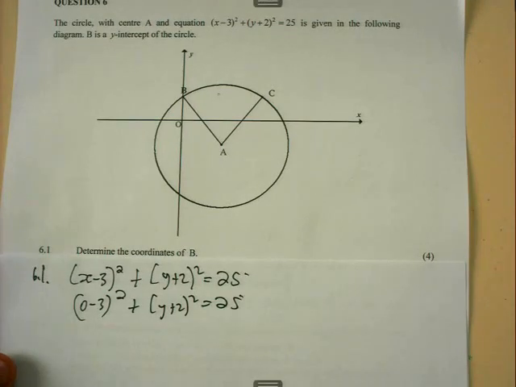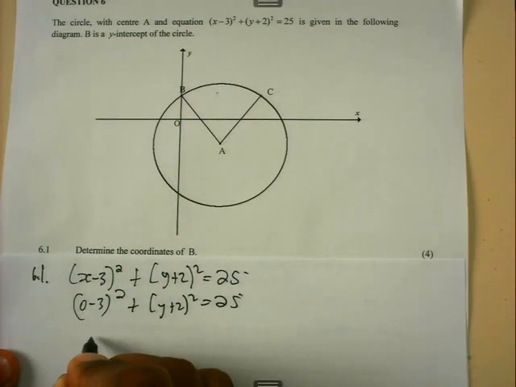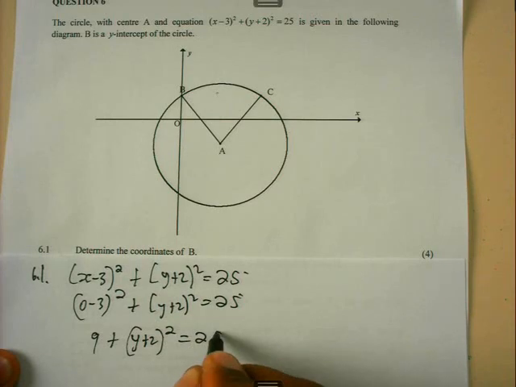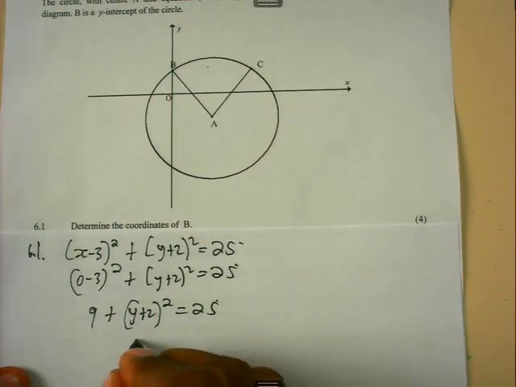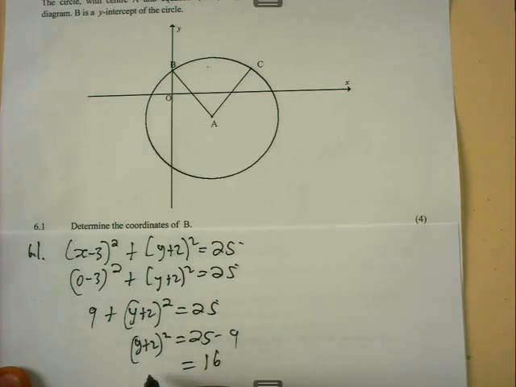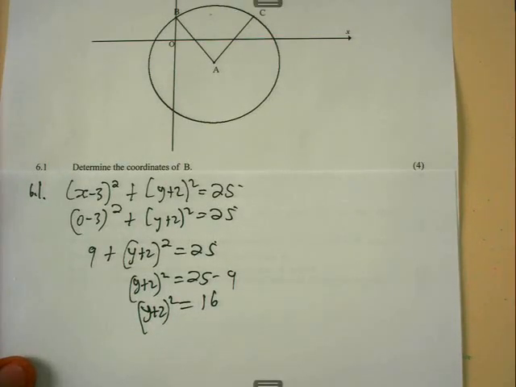Now when you simplify this, minus 3 squared is 9, plus (y plus 2) all squared is equal to 25. When I transpose 9, then (y plus 2) all squared is equal to 25 minus 9. What is 25 minus 9? Of course, that is 16. Therefore, we have (y plus 2) all squared is equal to 16.